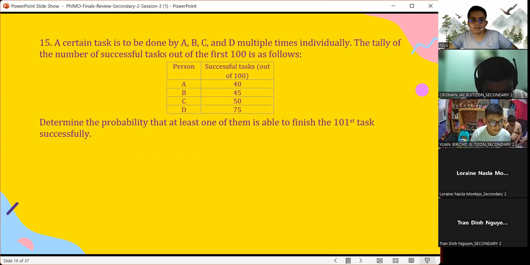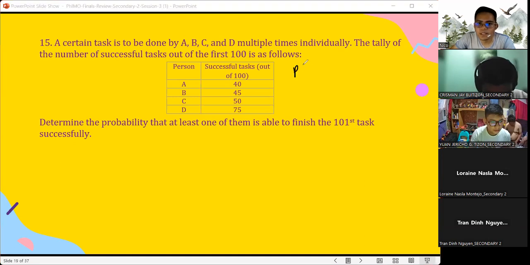A certain task is done by A, B, C, D multiple times individually. The tally of the number of successful tasks out of the first 100 is as follows: 40, 45, 50, 75. Determine the probability that at least one of them is able to finish 101 tasks successfully.